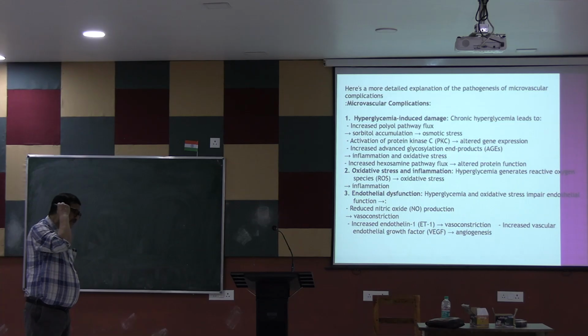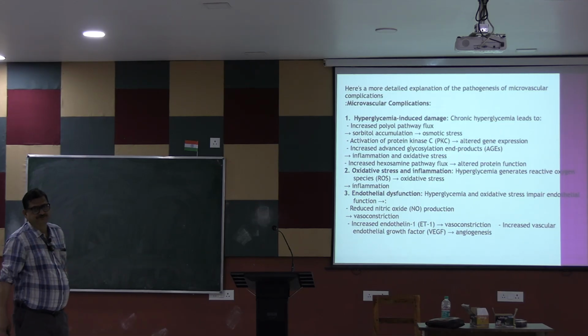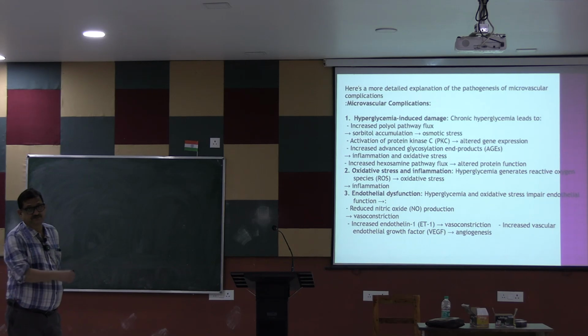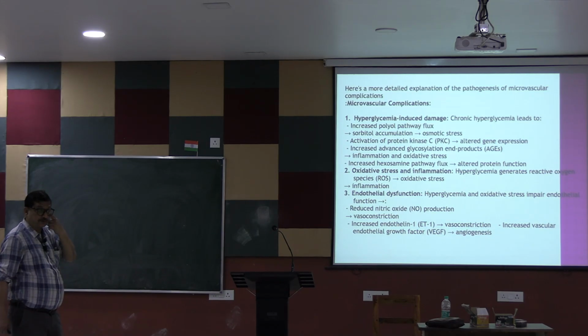So, how do these complications in diabetes happen throughout the body? What is the basic mechanism? Microvascular complications are due to hyperglycemia induced damage. Chronic hyperglycemia leads to increased polyol pathway flux, sorbitol accumulation. Sorbitol is an important pathway giving osmotic stress.